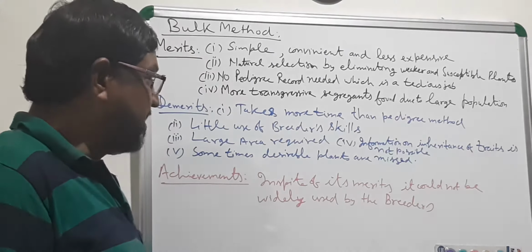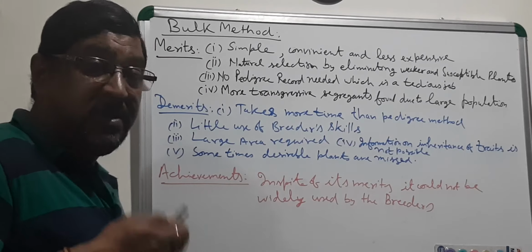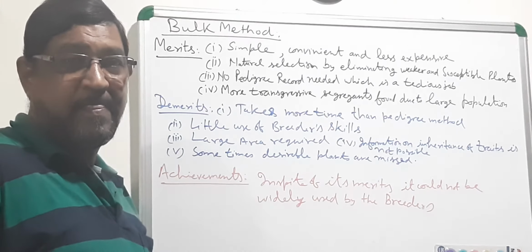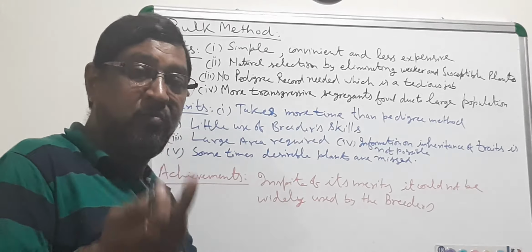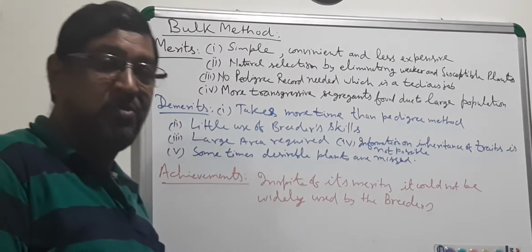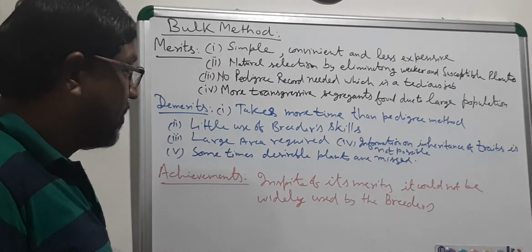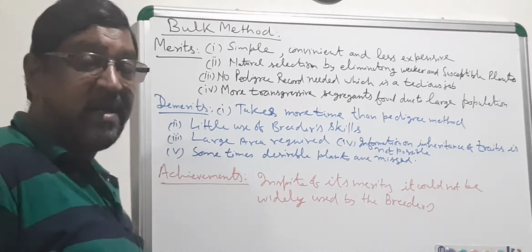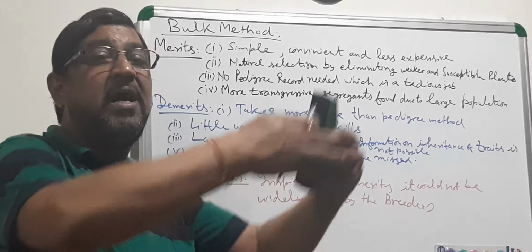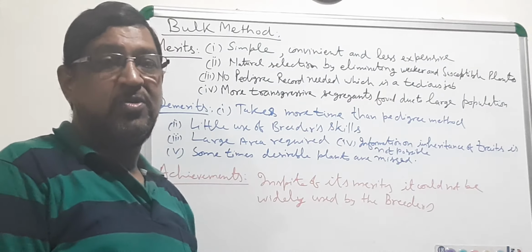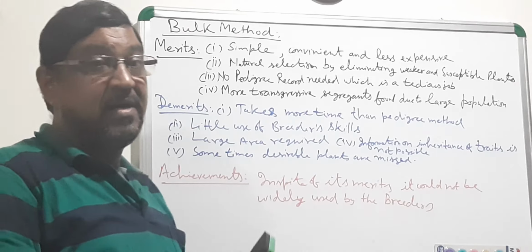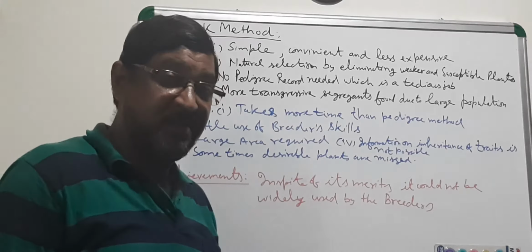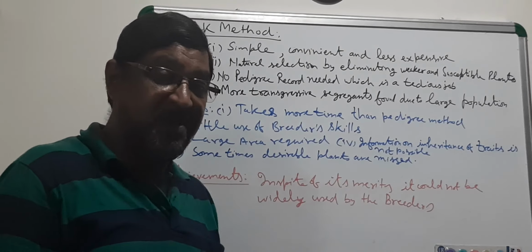And you need that particular plant as per your wish, as per your objective, which you have missed. And you need a larger area to grow the larger population, 30,000 to 50,000 plants. Say for example, if you are handling 100 crosses, how much area you require, you see.